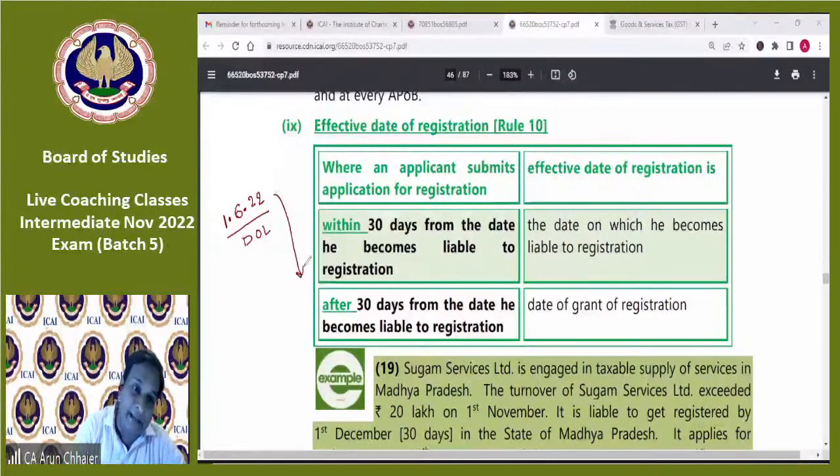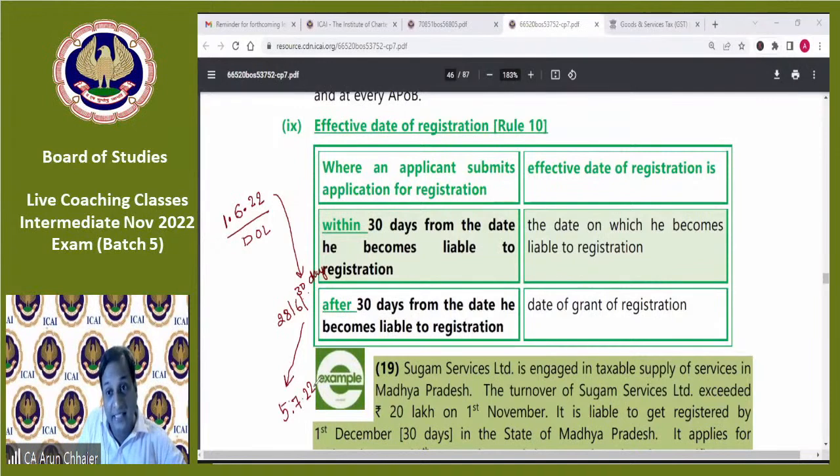And he has made an application within 30 days. Let's say on 28 June, he has made the application for registration. And the certificate of registration is granted on 5th July 2022.